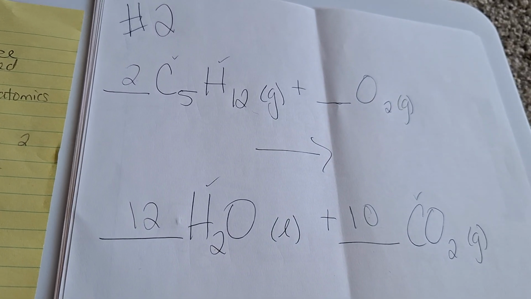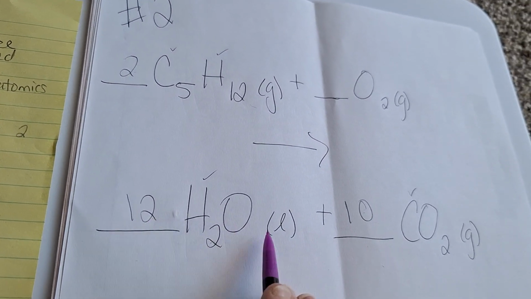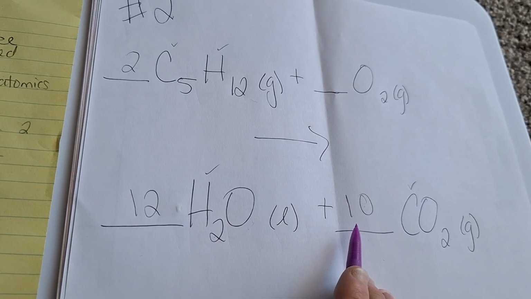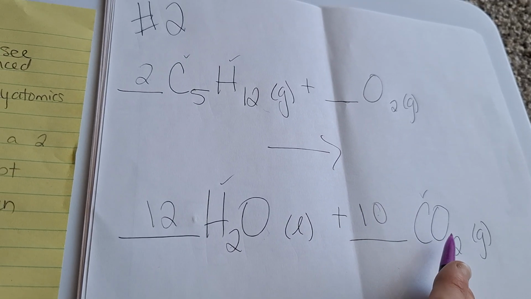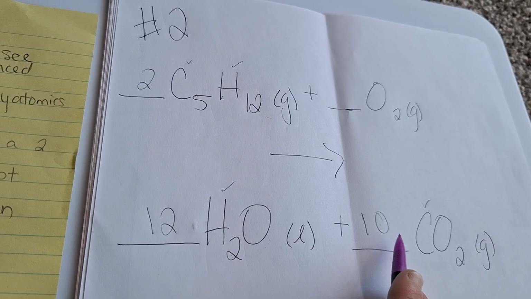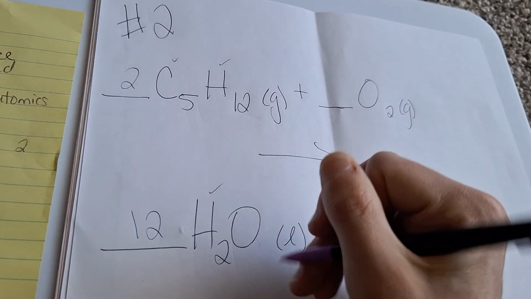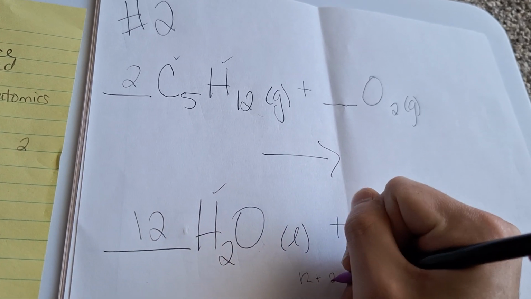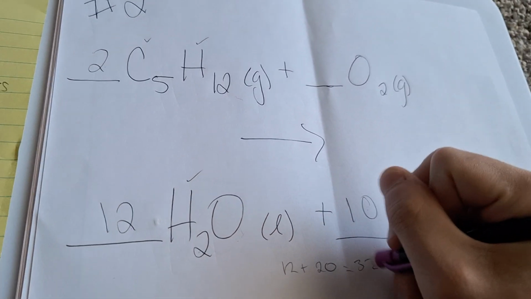So then we have 12 times 1, so 12, plus we have 10 here, times 2, that's 20. So 12 plus 20 gives you 32 oxygens on your product side.